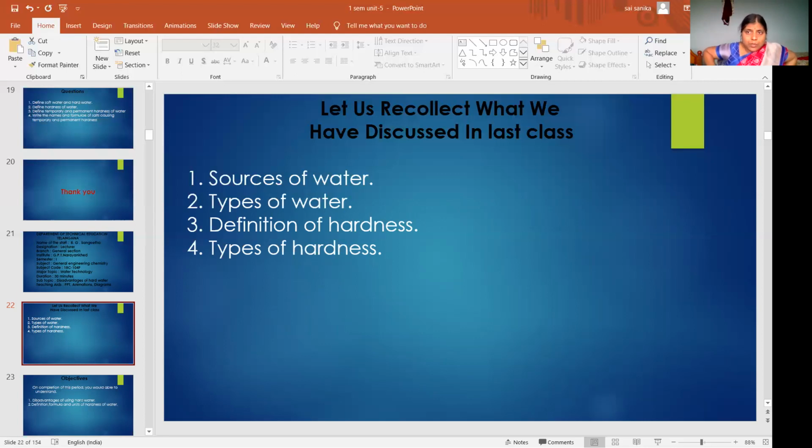And this is not removed by boiling or by adding lime water. That's why it is called permanent hardness, as this hardness is due to other than carbonate salts. That's why it is called non-carbonate hardness. So these are the four topics we discussed in last class.